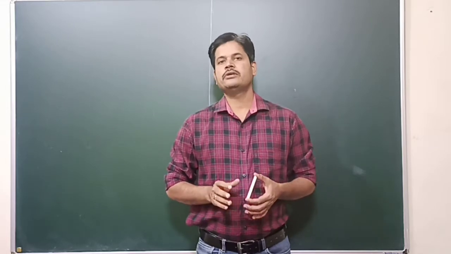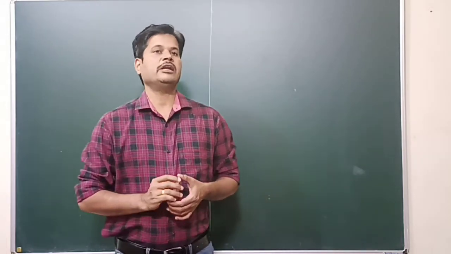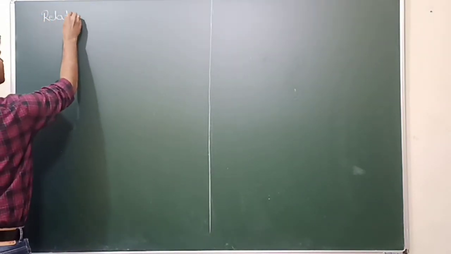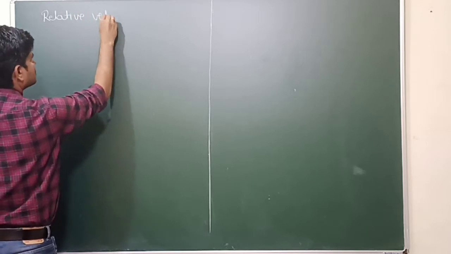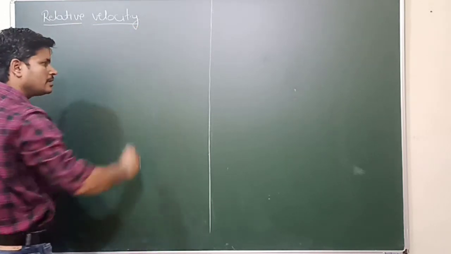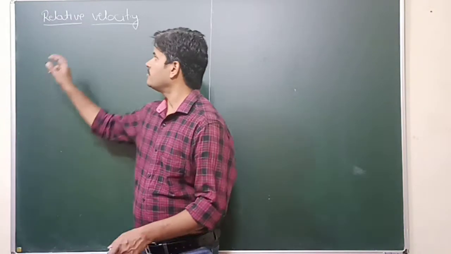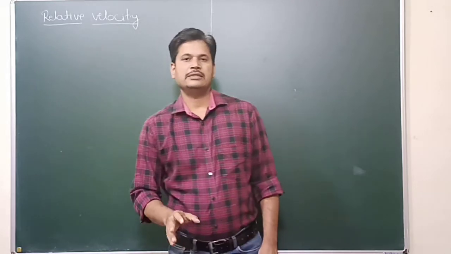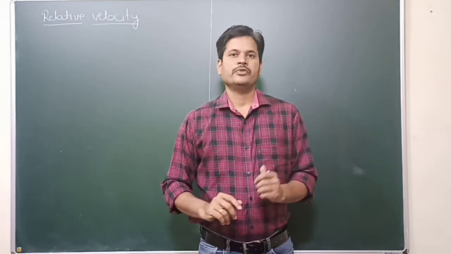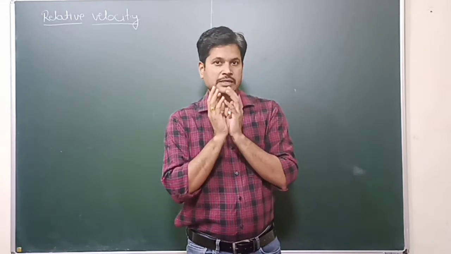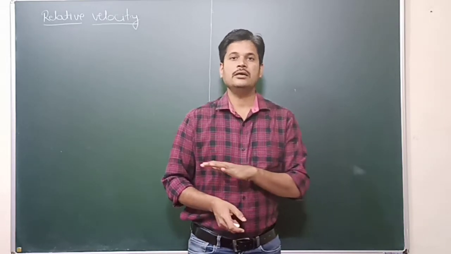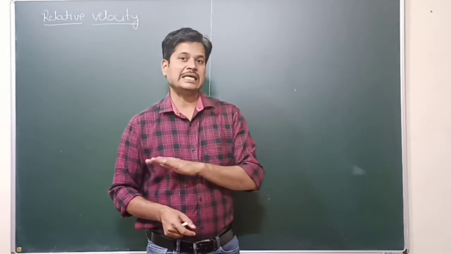Today in this video we are going to discuss relative velocity. Look at the name, relative velocity. That means if we consider two objects that are moving, whenever we tell the velocity of any moving object, we always consider the frame of reference as the ground.